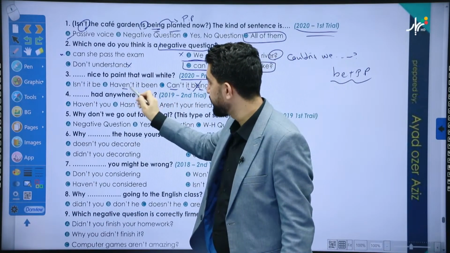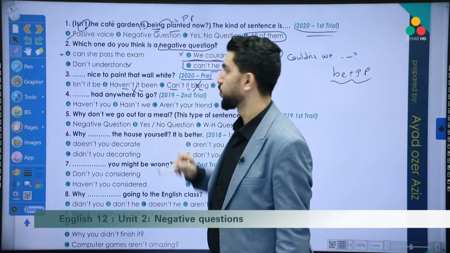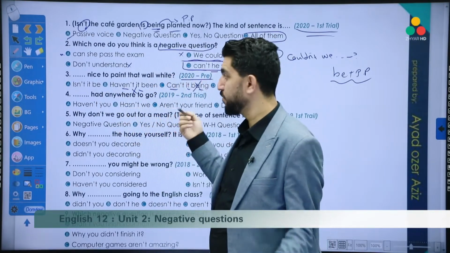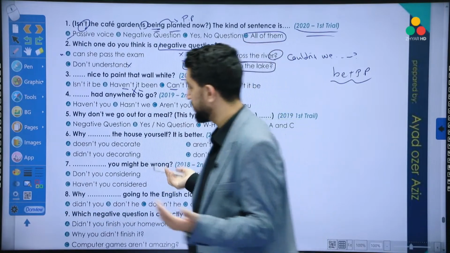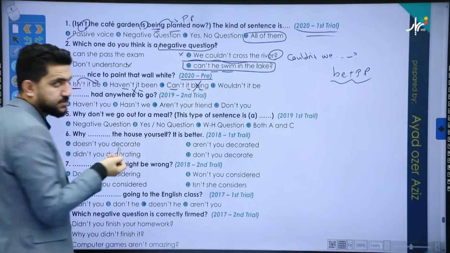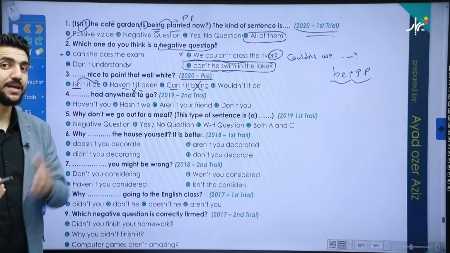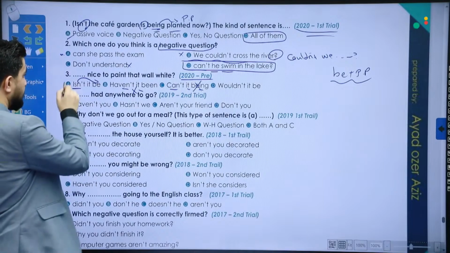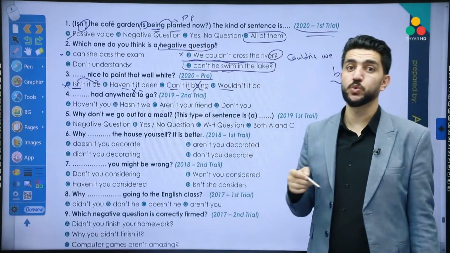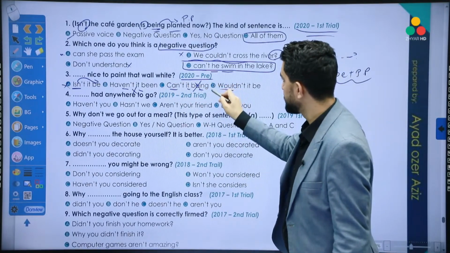Do we use have with it? It must have been hasn't it. So that means this is also wrong. Isn't it be? Do we have this kind of thing in English? This one is also verb be. So do we have be after them? Be is not followed by them. It's mostly followed by modal verbs. So that means this one is wrong. Would is a modal verb. Wouldn't it be nice to paint the wool white? So D is the correct answer.